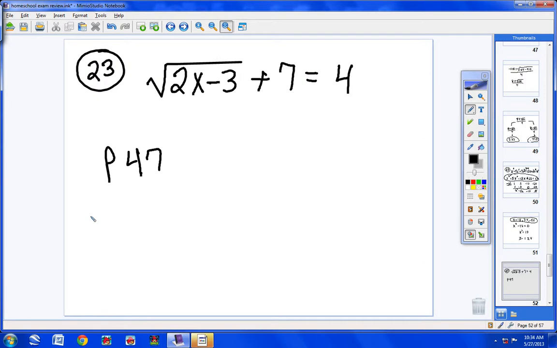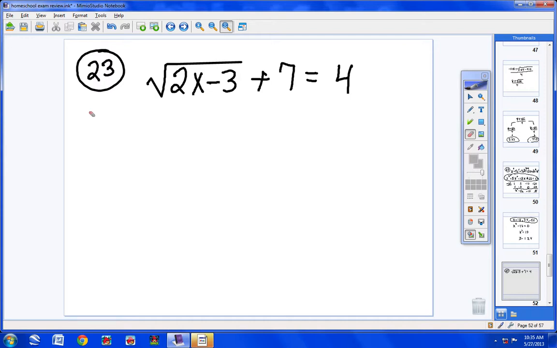On page 47, you will see how to solve square root equations. So here we go.